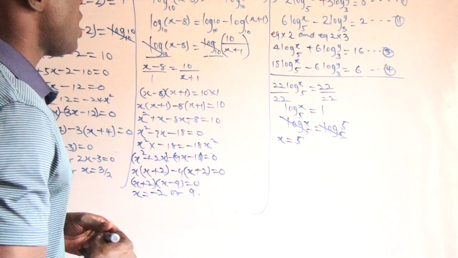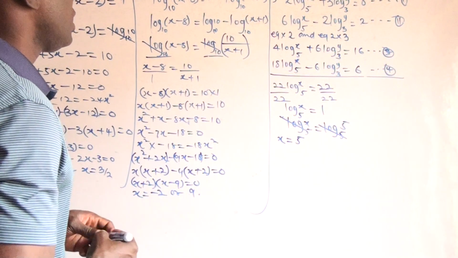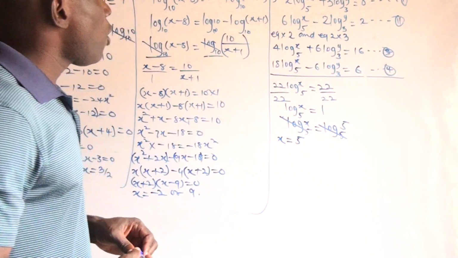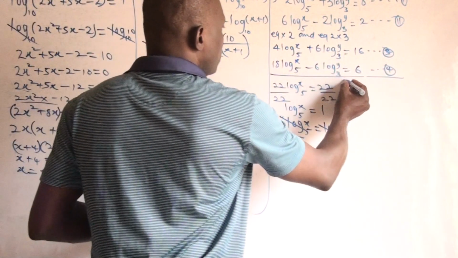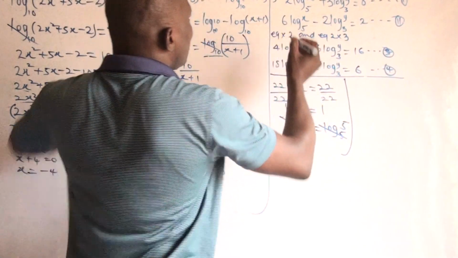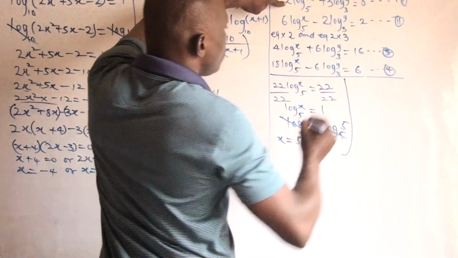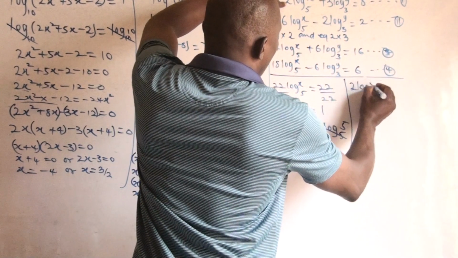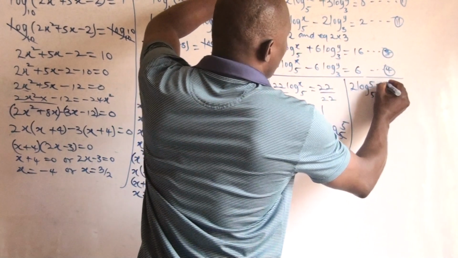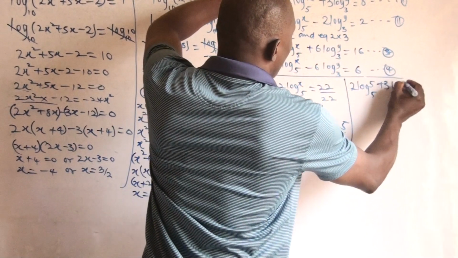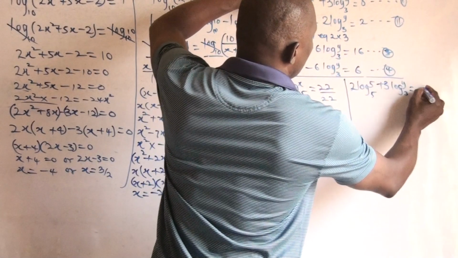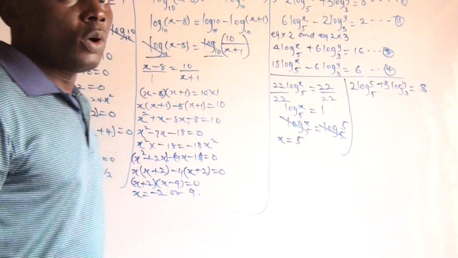Now, having obtained the value of x to be 5, we can simply obtain the value of y from equation 1. So from equation 1, anywhere we see x, we put 5. So this is 2 log 5 plus 3 log y base 3 is equal to 8.